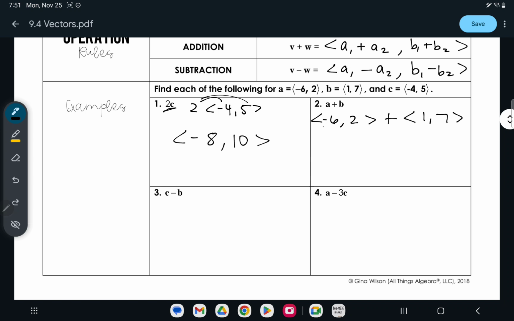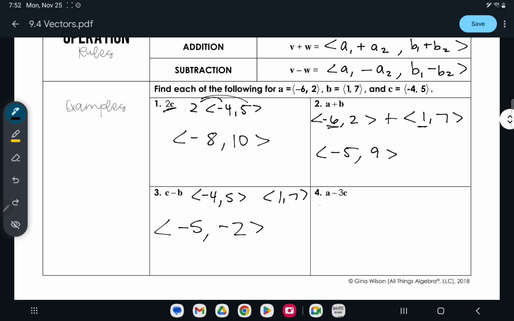If we add them, -6 plus 1 is -5, and 2 plus 7 is 9. Subtracting them, so C is -4, 5, B is 1, 7. We can subtract the components. So -4 minus 1 is -5. 5 minus 7 is -2.